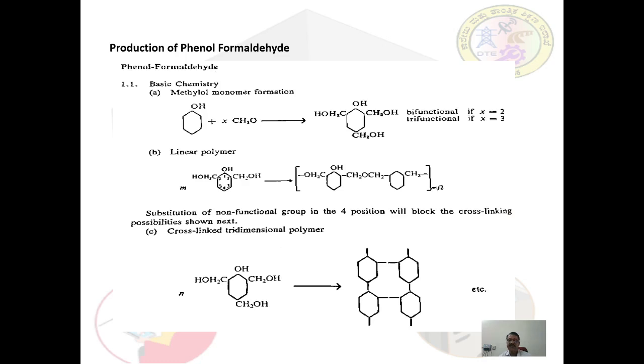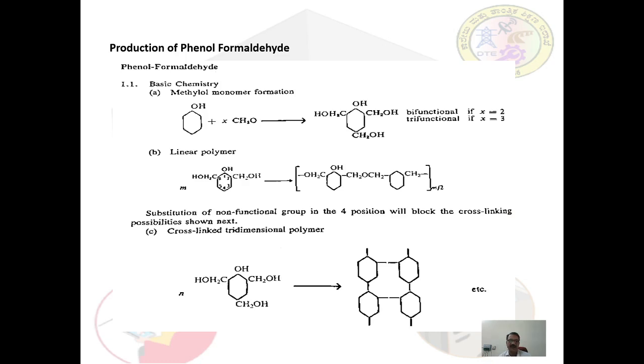So bifunctional and trifunctional methylol monomers are formed in the production of linear polymer. The bifunctional monomers are used to get the linear polymer. Substitution of a non-functional group in the fourth position will block the cross-linkage possibilities as shown next.